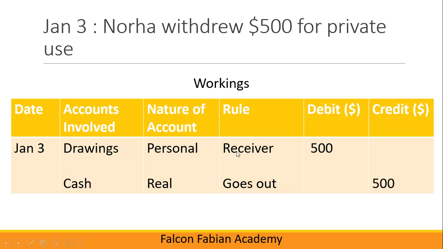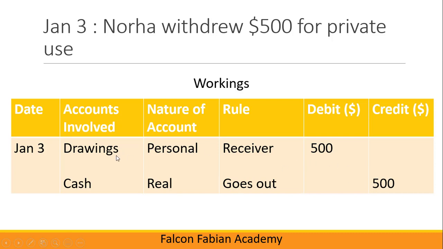So the owner is receiving from the business. Therefore, drawings account needs to be debited by 500. Cash is real account. It's an asset. Rule is debit what comes in and credit what goes out. So cash is going out of the business. Therefore, cash account would be credited.